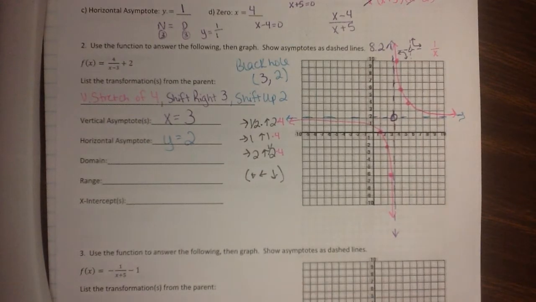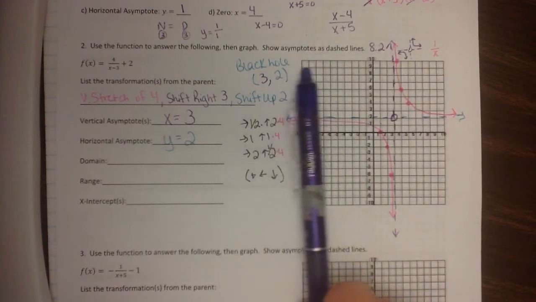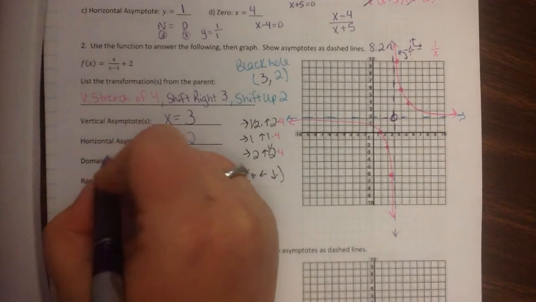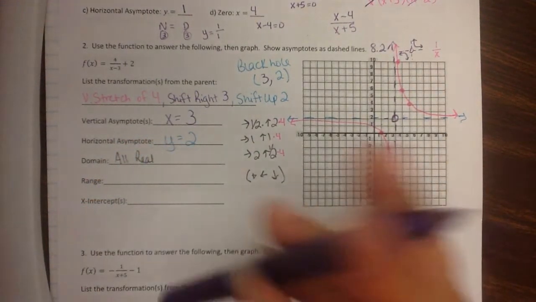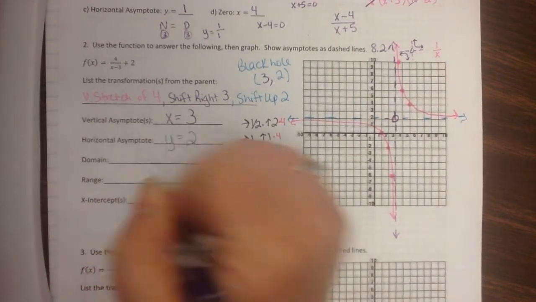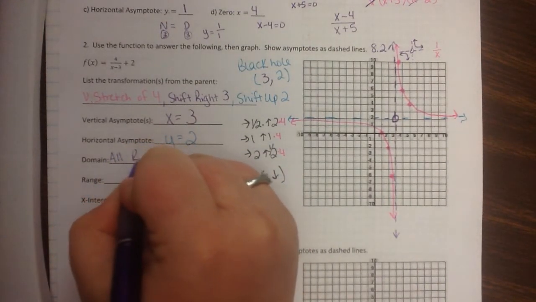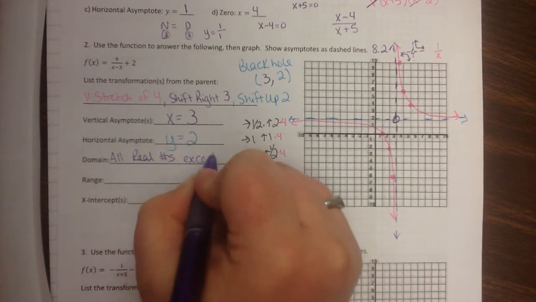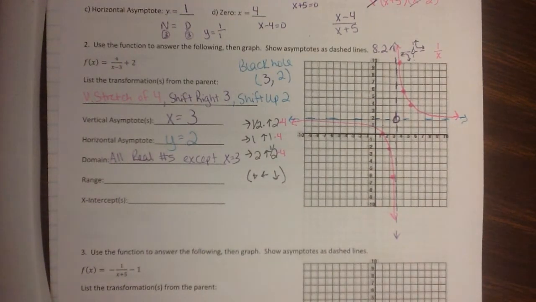Okay, so now domain and range. Domain is your left to right, so as I travel from left to right, I've got graph here, here, here. I don't have graph there, so my domain is going to be all real numbers except the x value of my black hole. All real numbers except x equals 3, because that's the number of my black hole.